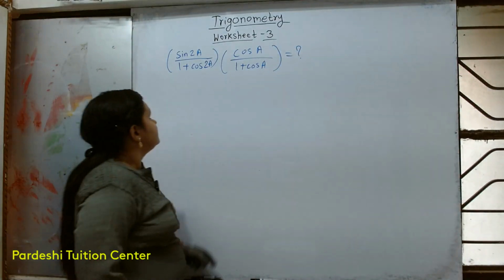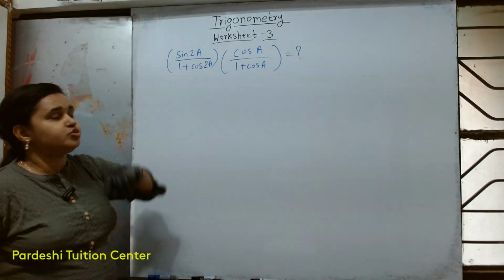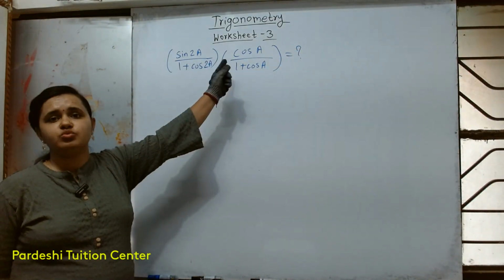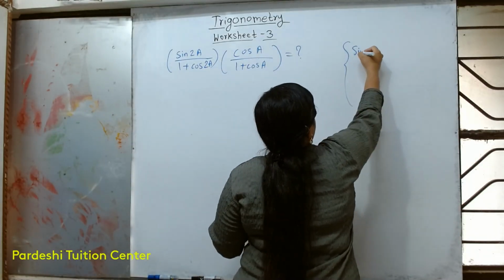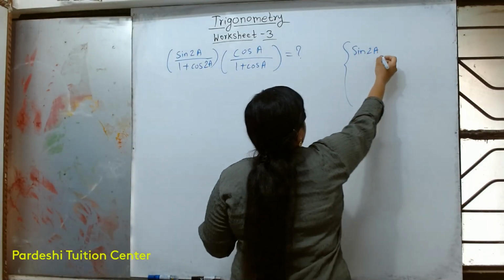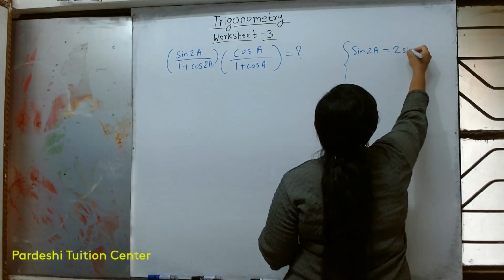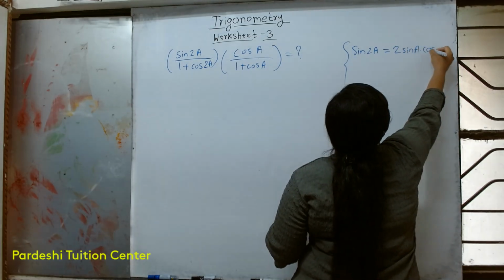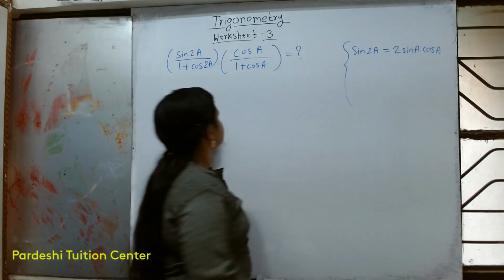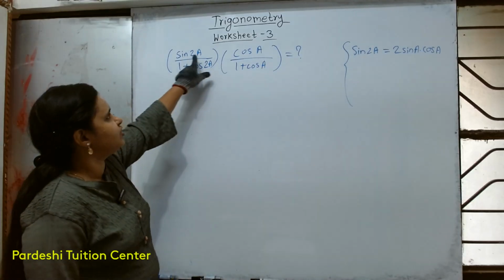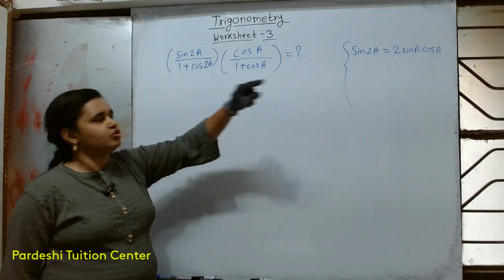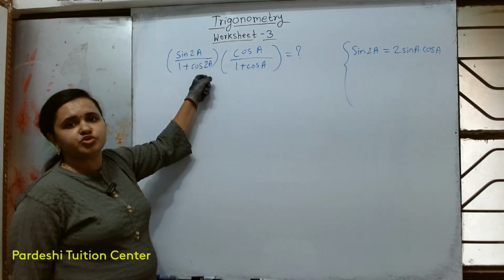Now here it is sin 2a. Do you remember the formula for sin 2a? Sin 2a was 2 sin a into cos a. We can put the value of sin 2a as 2 sin a into cos a. Now 1 plus cos 2a.